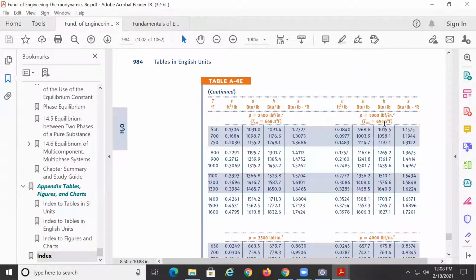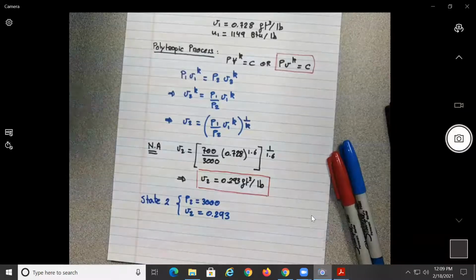So in this case, this is 3000, no? What is the volume at which everything will be going from mixture to gas? What is that volume? 0.0848, and the saturation temperature is 695.5, no? What is v2 that we just calculated? It's 0.293. So what does that mean on the figure?